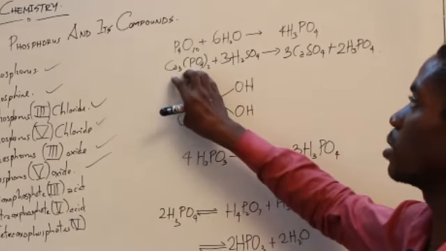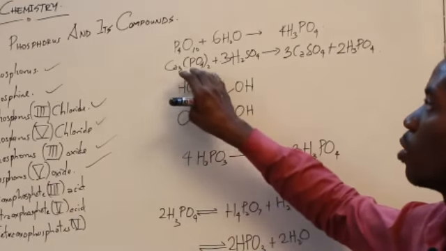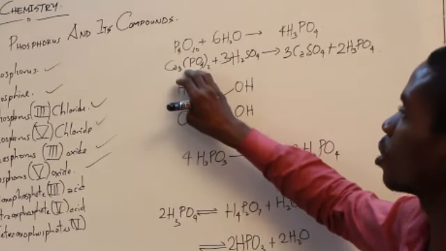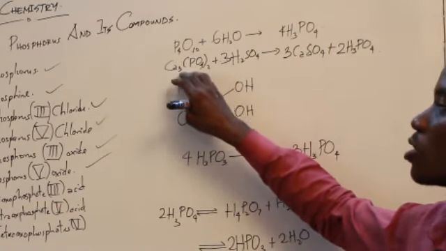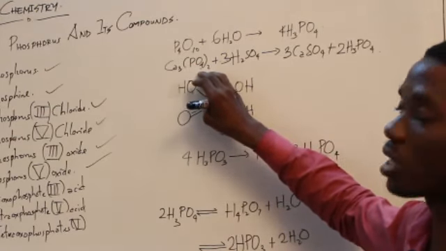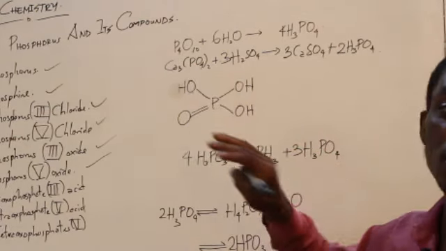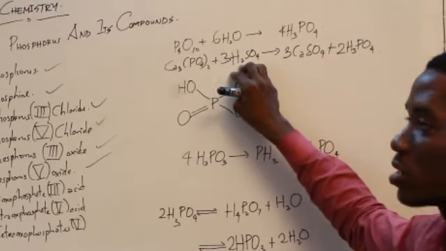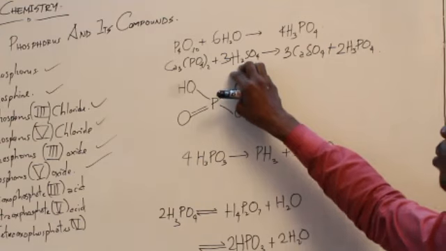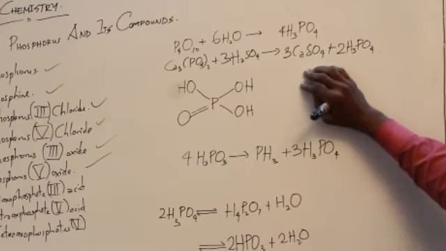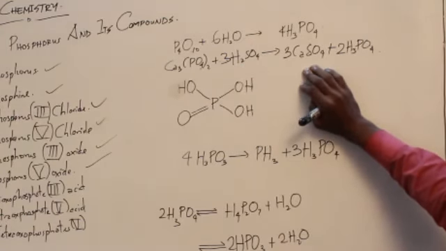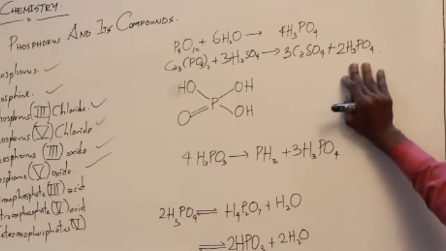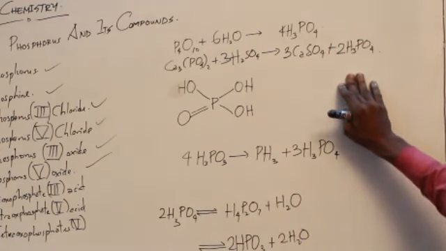In this particular condition we have calcium tetraoxophosphate 5 being reacted with tetraoxophosphate 6 acid, and we have a reaction resulting in the production of calcium tetraoxophosphate 6 salt, and tetraoxophosphate 5 acid is being produced.